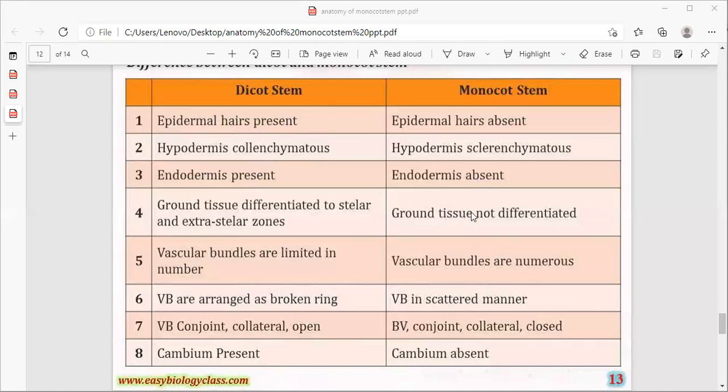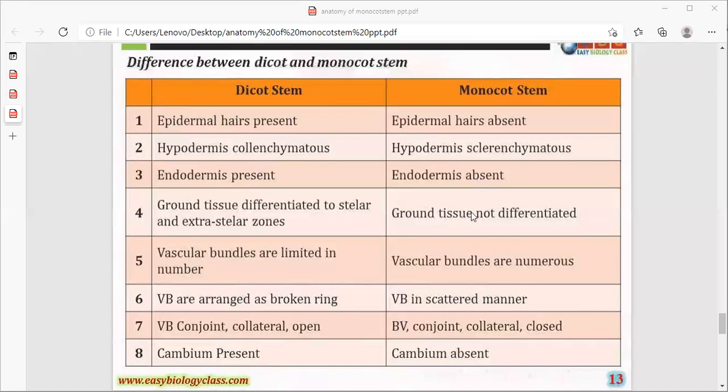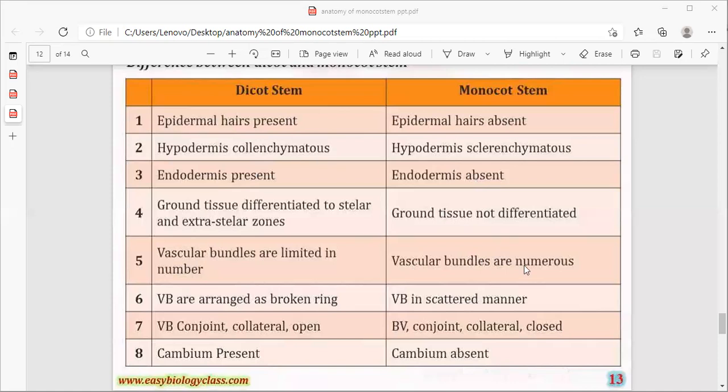In monocot, in the entire section we can find ground tissue from the hypodermis up to the pith region. In dicot, vascular bundles are limited in number, few in number, but in monocot, vascular bundles are numerous.